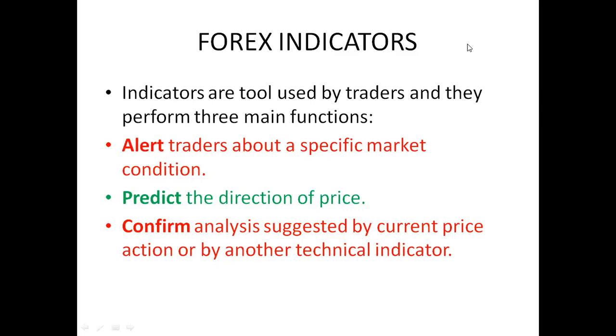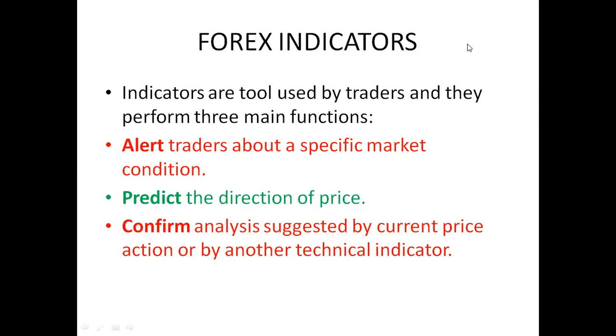So for instance, if you go for a currency pair like Euro USD and you want to trade it, or GBP USD, if you are an indicator trader, these indicators will help you to know what direction Euro USD will be going, or what direction GBP USD or USD JPY will be going. That is what these indicators do.